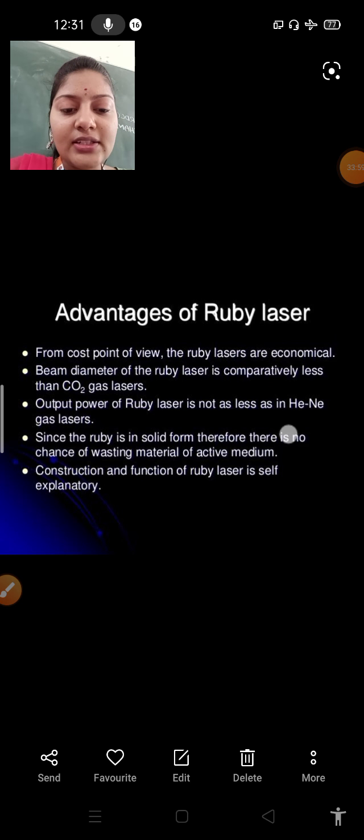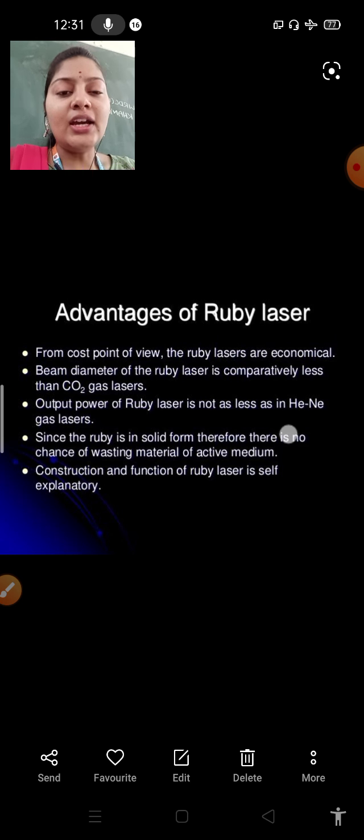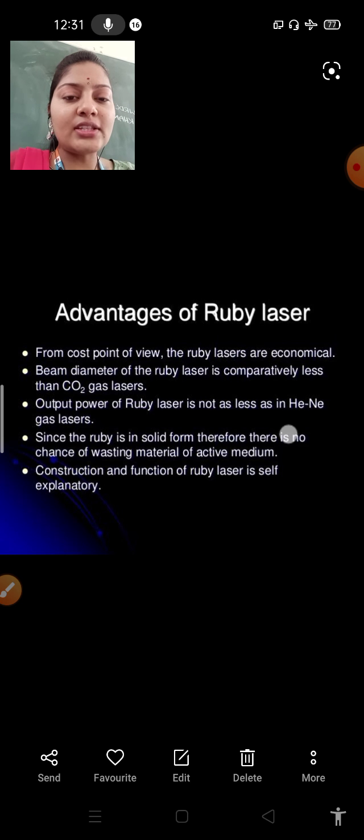Next, the ruby laser is in solid state form, so there is no wastage of material in its construction. One more important point is that the diameter of the output beam is very small. These are the advantages of the ruby laser.